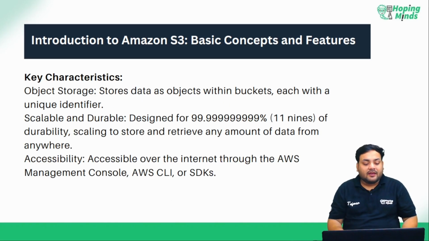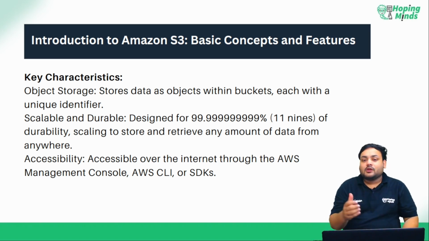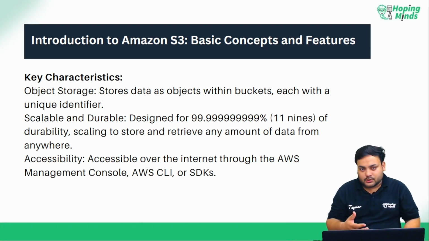Now we have the key characteristics. First, object storage, which is very important for your placement and certification exams. Wherever you go, you will get the question of which service offers object storage, and the answer will always be Amazon S3, AWS S3 specifically.